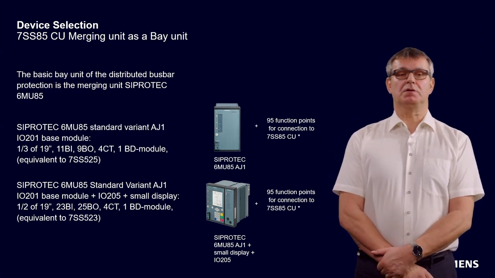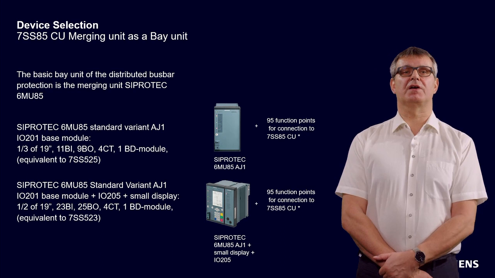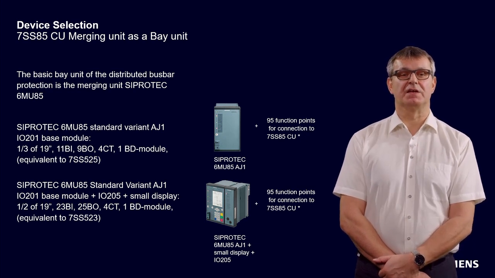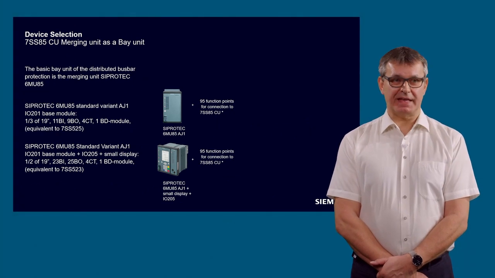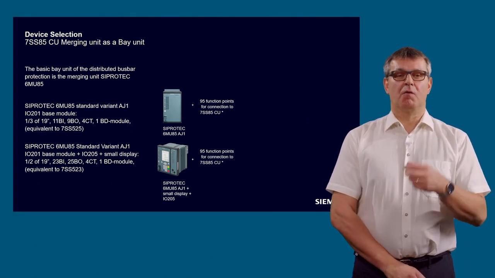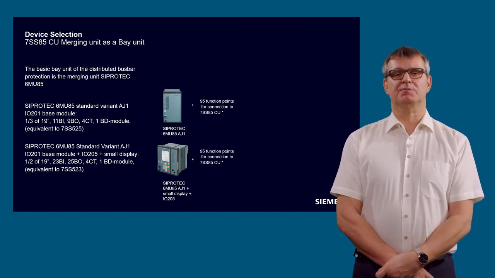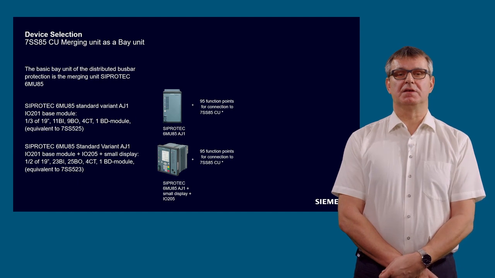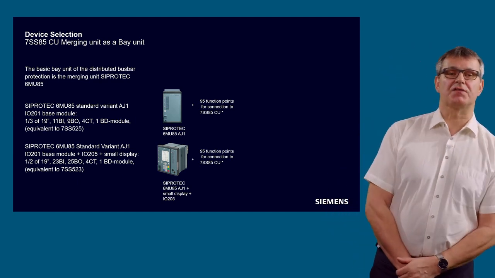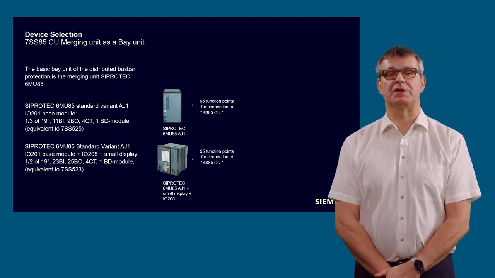If you are used more to the big 7SS52 Bay unit, the 7SS523, then you simply add to this hardware variant HA1 one IO205 and 1 additional small display. With this hardware variant, it's the same as the big Bay unit 7SS523.